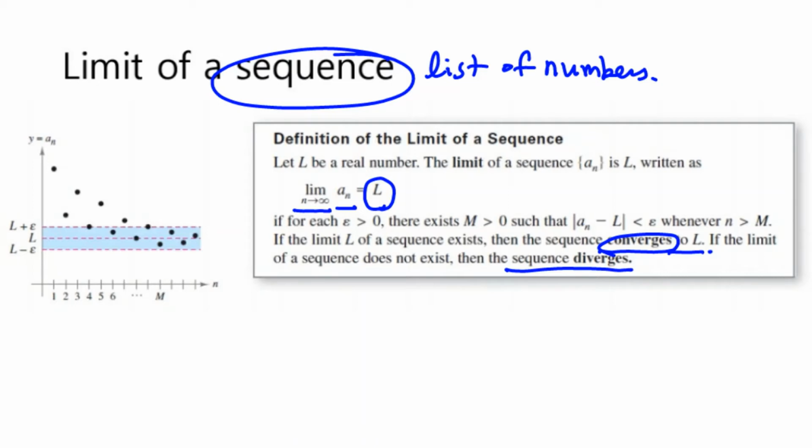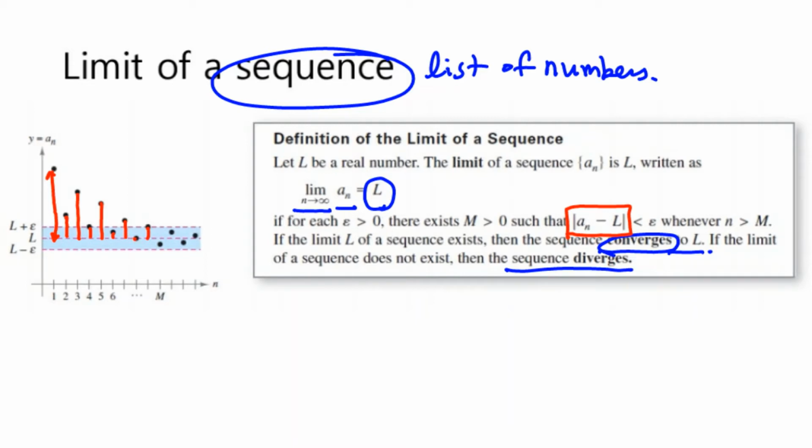Mathematically, we can say that the difference between the sequence and L, so that's the absolute value of a_n minus L, is getting smaller and smaller.